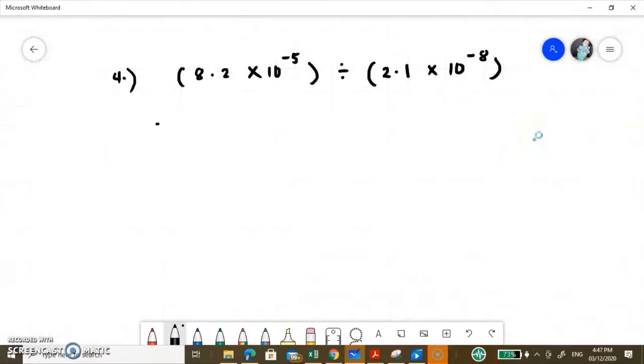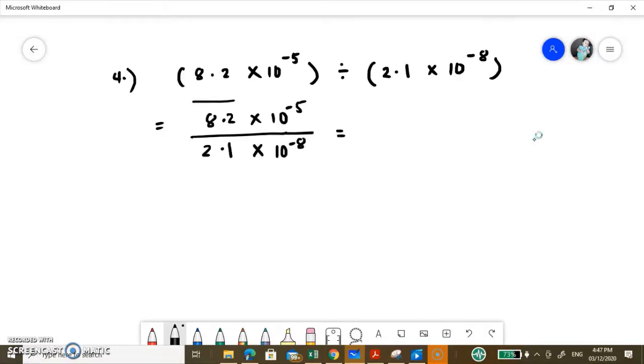So, we can rewrite that as 8.2 times 10 raised to negative 5 over or divided by 2.1 times 10 raised to negative 8. So, eto lang ulit yung pagde-divide natin. Kopyahin lang natin si times 10. Pagsasubtract natin ang kanilang exponent. So, negative 5 minus negative 8.